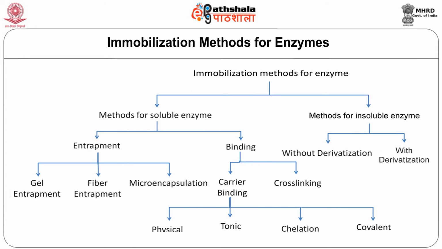This flow chart shows the classification of immobilization methods based on the solubility nature of the enzymes. Binding and entrapment methods are used for soluble enzymes. Derivatization and without derivatization methods are used for the enzymes that are insoluble in nature.